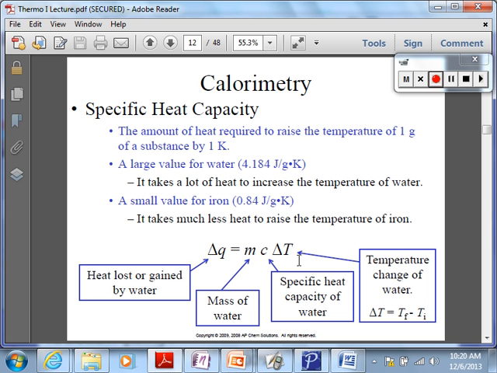So if your solution is not made out of water, then you would find a different C. You can look that up in a book, or they'll give it to you in the problem. It's not something you have to calculate. And then delta T is our change in temperature, final minus initial. Keep that in mind. You always want to do final minus initial, and you might get a negative number.